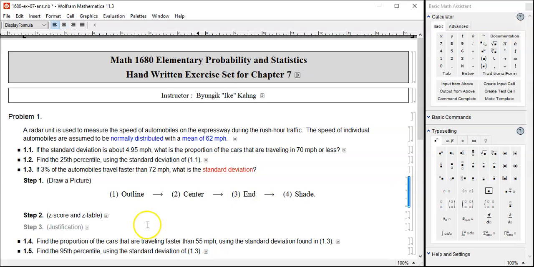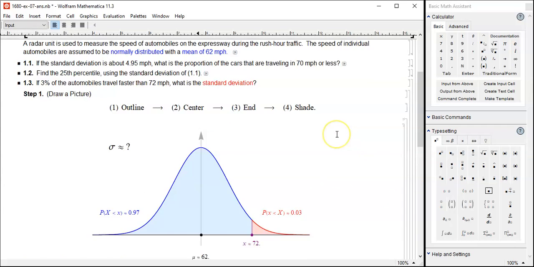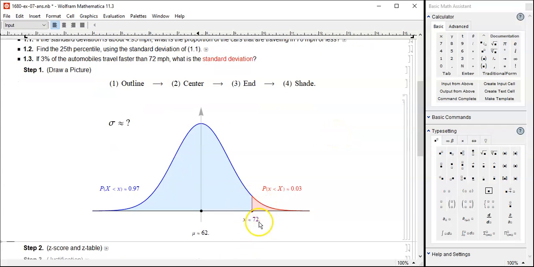Outline the same, center, again 62 miles per hour. What's the end in this problem? For this particular problem, what is the end? That's the other number, isn't it? 72. And that should come to the right of the mean of 62. 72 is bigger, so it comes to the right.